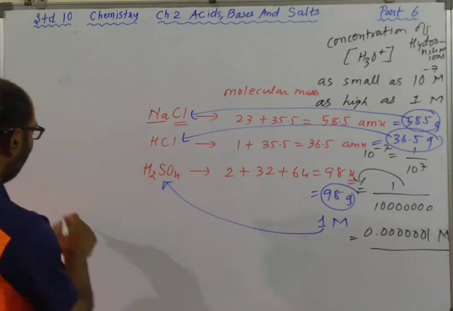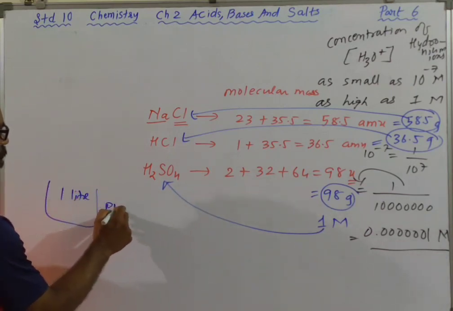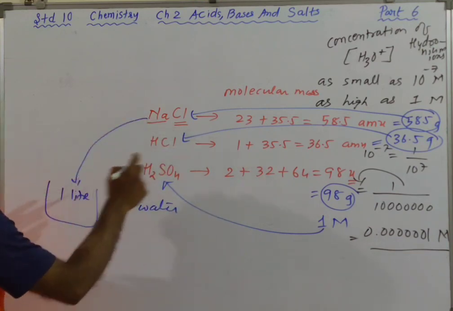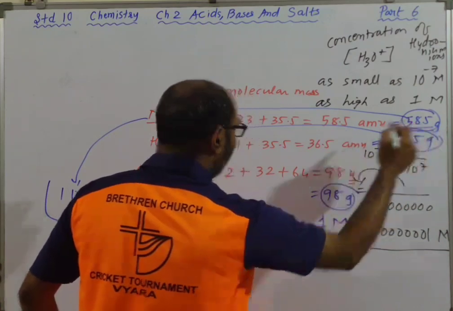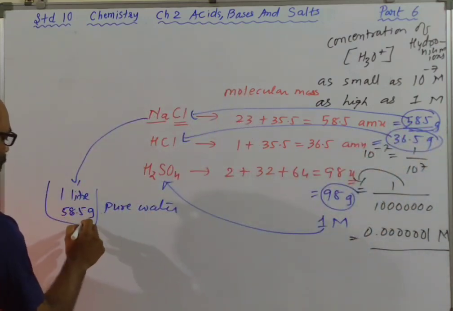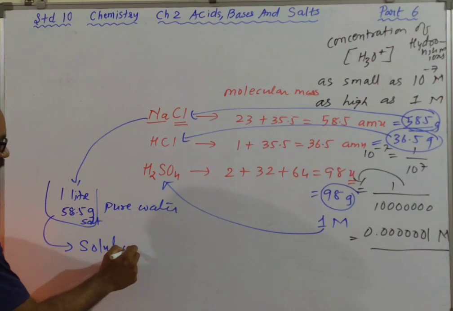Alright. Now you take 1 liter of pure water. Take pure water. Alright. Add 58.5 gram of salt into it. Alright. So you will get a solution.